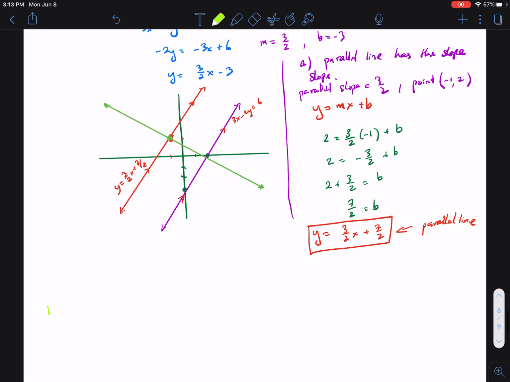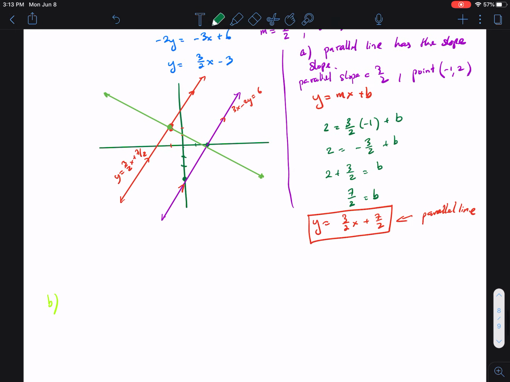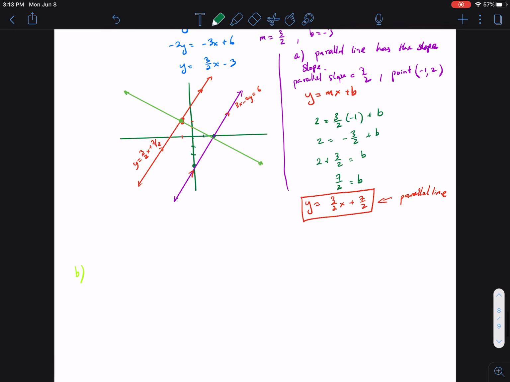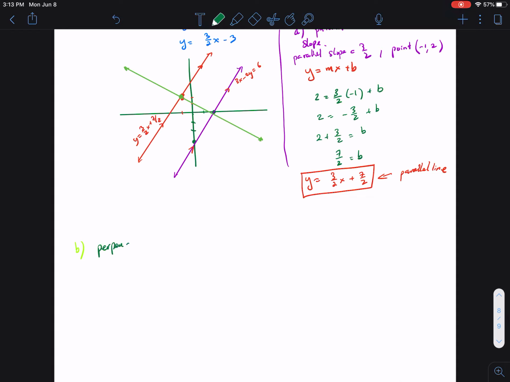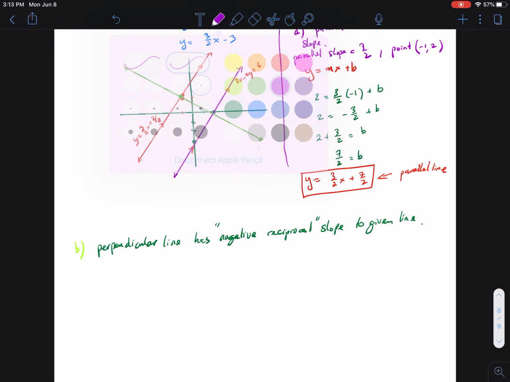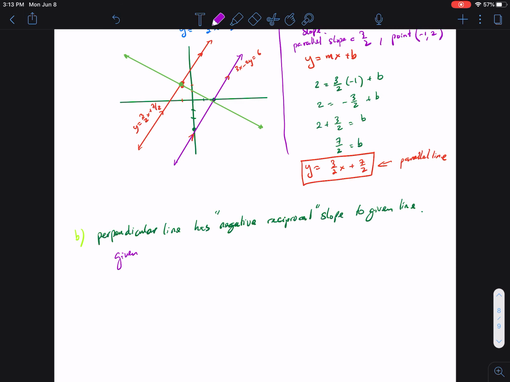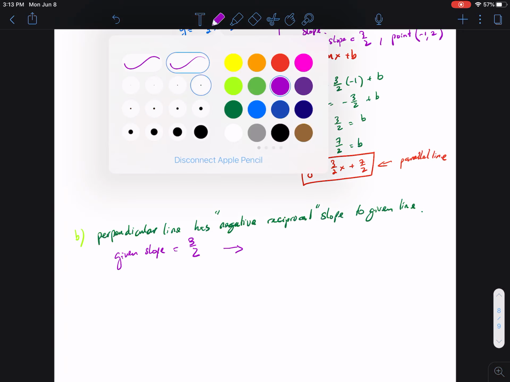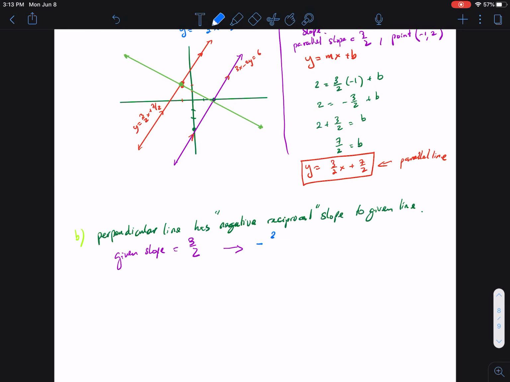Part B, we want to find the perpendicular line. We know that a perpendicular line has the negative reciprocal slope of the given line. The given slope is 3/2, so the negative reciprocal of that is -2/3.